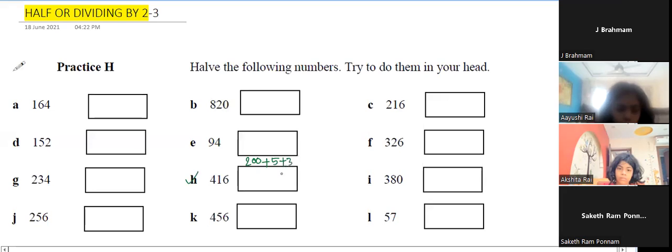So 200 plus 5 plus 3 is 208. Correct. If you are comfortable with 16 directly, you can say half of 16 is 8. You need not split 10 plus 6.